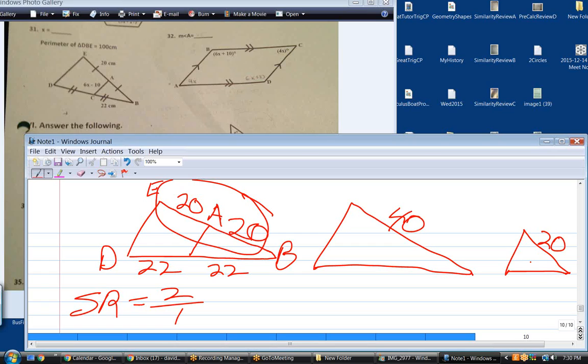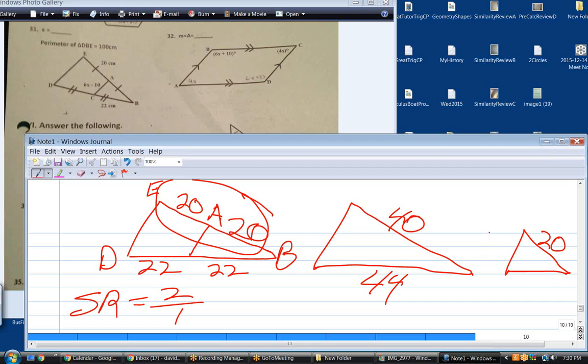And they want the perimeter. Oh no, they give you the perimeter of DBE, the big triangle. What's this side here? 44.